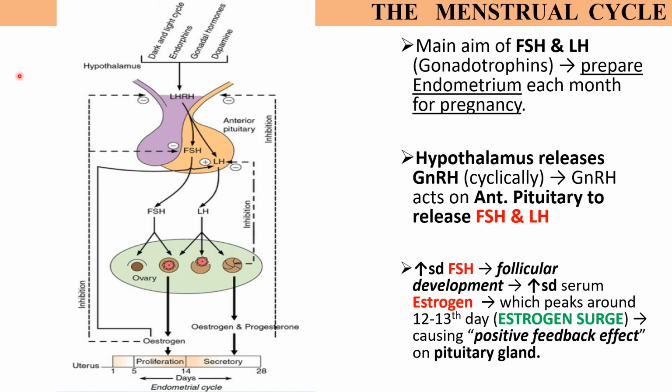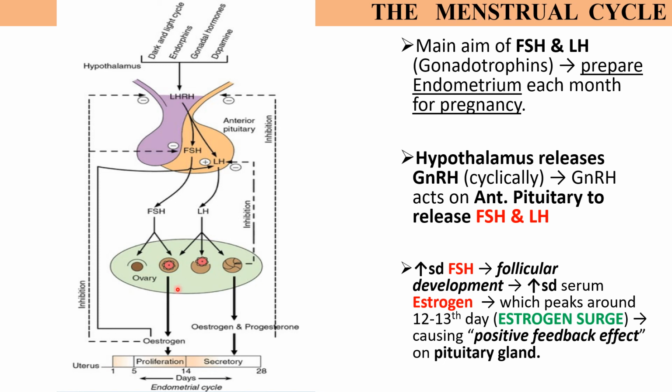The main aim of FSH and LH is to prepare the endometrium each month for pregnancy. The FSH released from the anterior pituitary cells acts on the ovaries to cause development of the follicles. The developing follicles start secreting estrogen at around the 12th to 13th day of the cycle and an estrogen surge occurs.